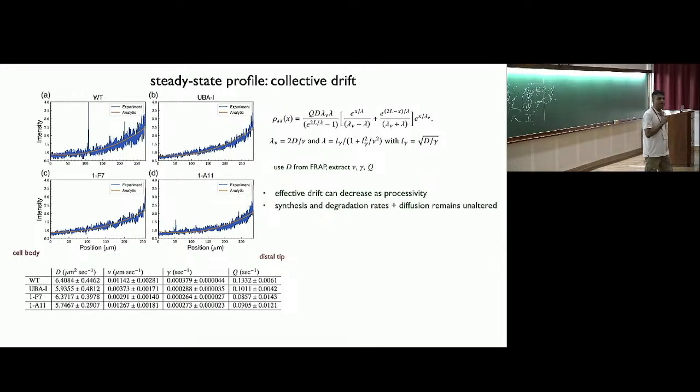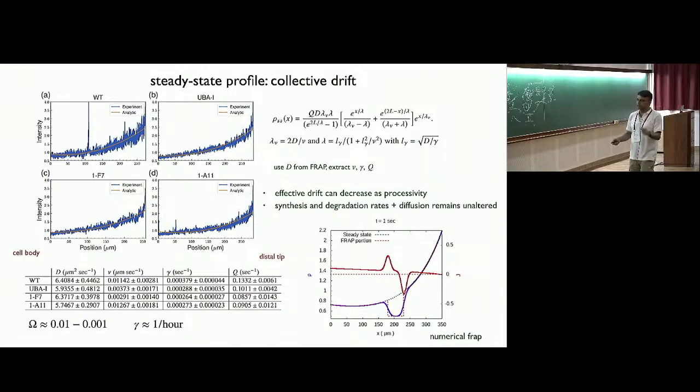But this is an effective velocity. Remember that the velocity from individual motor proteins that we measured earlier was like 1 micron per second, and this is like 0.01 micron per second. So this tells us that the processivity is extremely low, between 0.01 and 0.001.